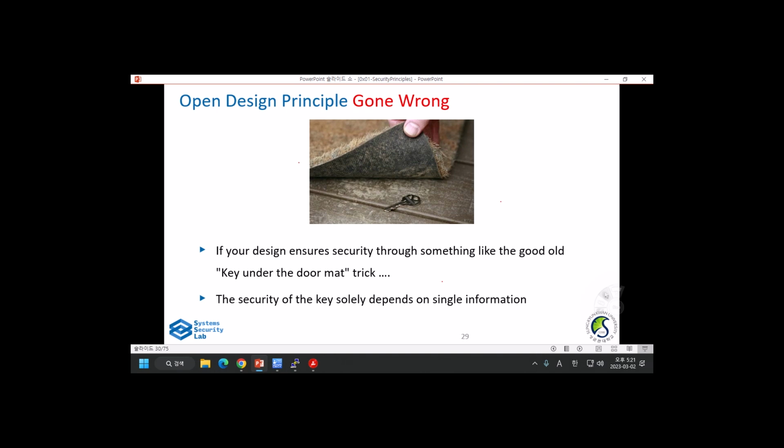So if someone finds out that you're hiding the key under the rock, then they're gonna find the key every time, right? So in this case, the security of the key solely depends on a single piece of information. So this is not what we call the open design principle.